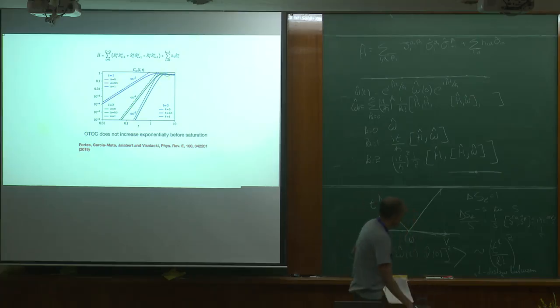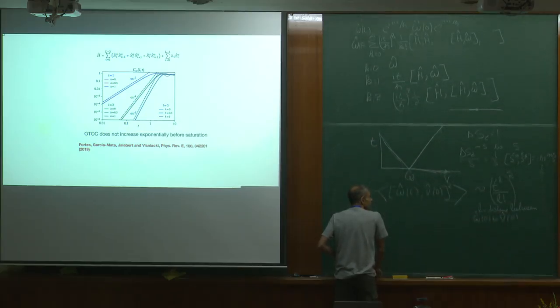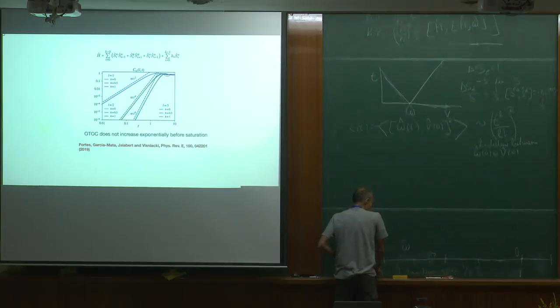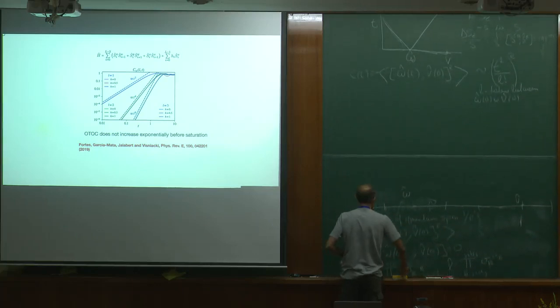So I'll just tell you what the relevant reference is and what the particular functional form is that's been argued to hold and where the Lyapunov exponent comes in, and just leave it at that.